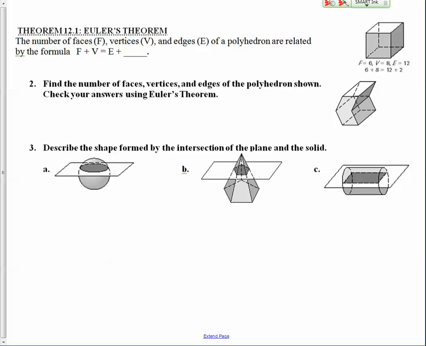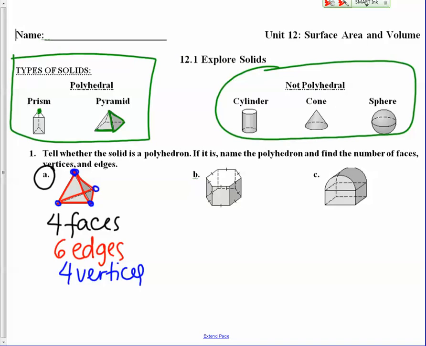It states that the amount of faces plus the amount of vertices should give you the amount of edges plus 2. Using this, let's come back and check it out. The amount of faces, 4, plus 4 vertices. Will it give me 6 plus 2? Obviously it will. So yes, our calculations are correct.